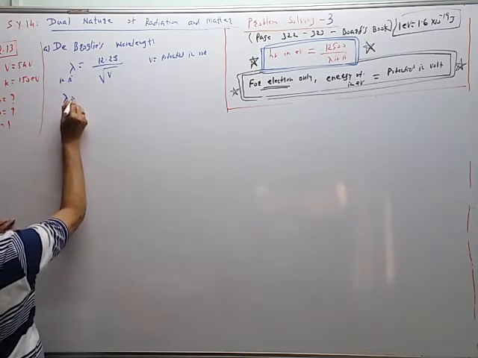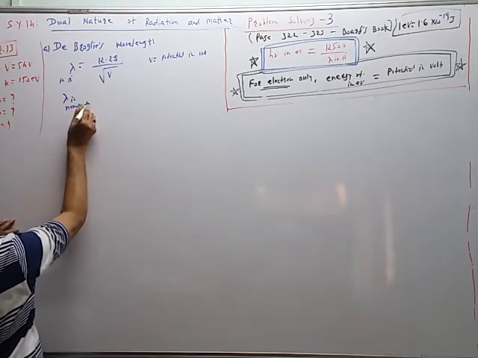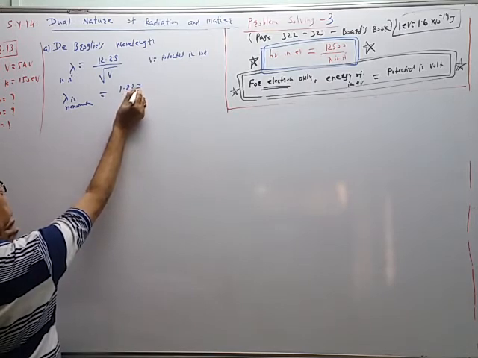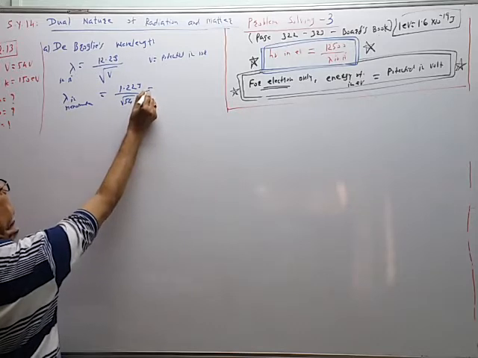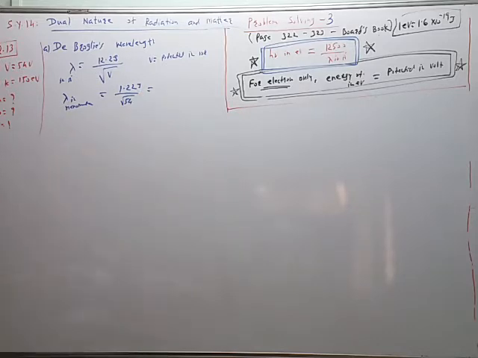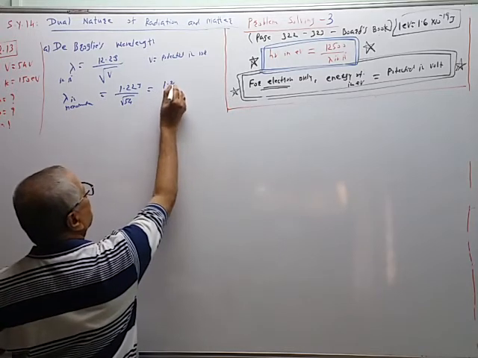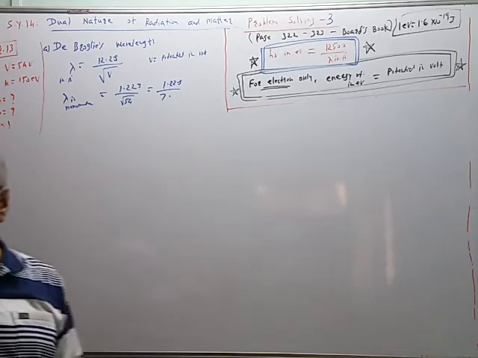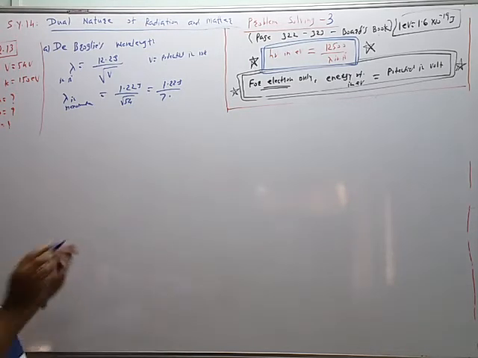So lambda in nanometer. The answer is given in nanometer, so we will convert this value: 1.228 upon root of 54. Root of 54 means it is 7 point something. You can find the value from log table. It is 7.35.